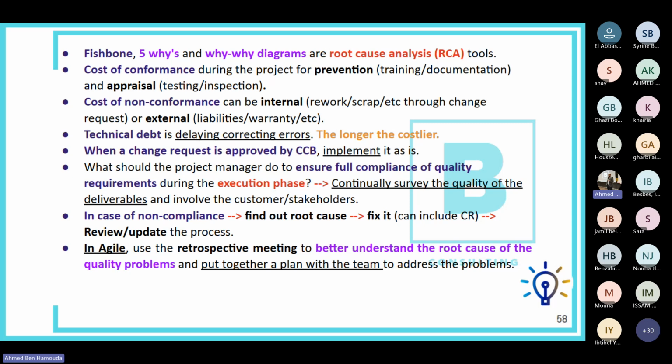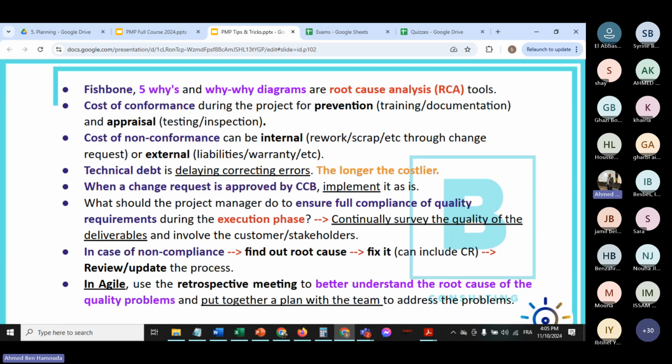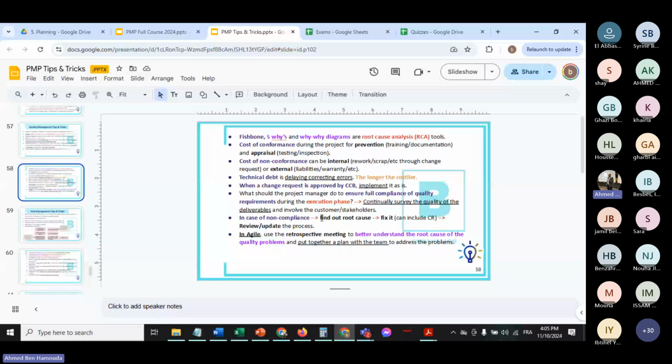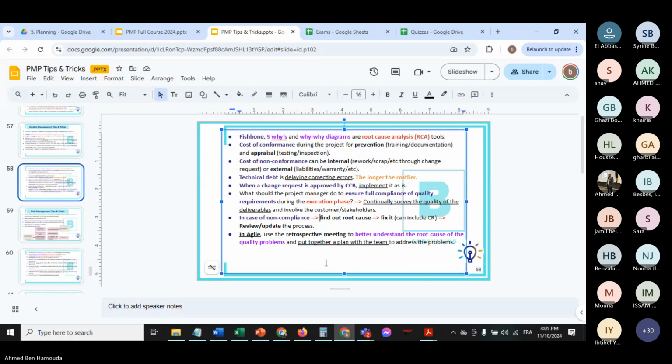All right. And here actually, let me just add something: record in an issue log.